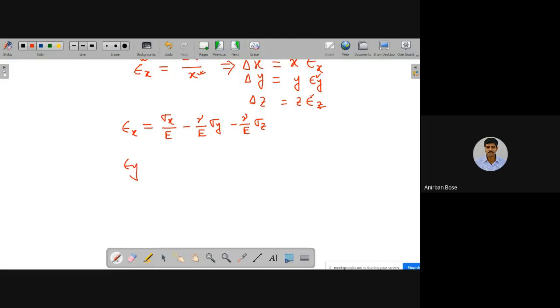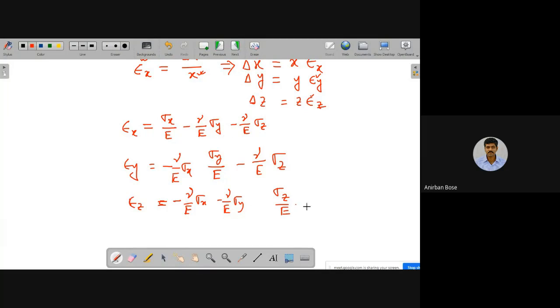That is sigma y by E minus nu by E into sigma z, and its lateral direction in the x also, right? And what is epsilon z? Tell me. That is sigma z by E and negative in the other directions. So minus nu by E into sigma x minus nu by E into sigma y. Clear? So that we have already seen.